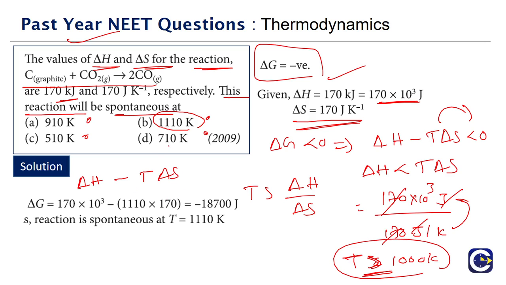If you substitute temperature as 1110, the corresponding del G value will come as minus 18700 joules. Then you can conclude that the reaction is spontaneous. We can do it that way, but we would simply take an option and substitute.